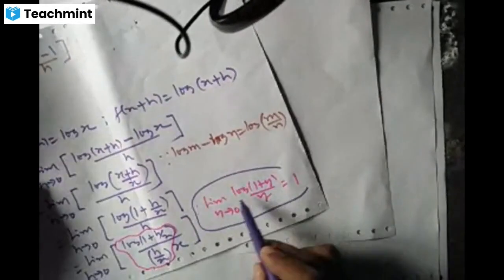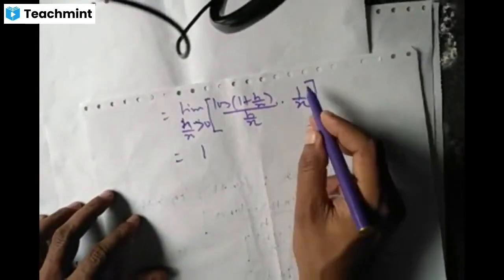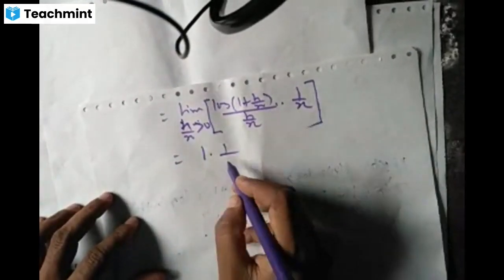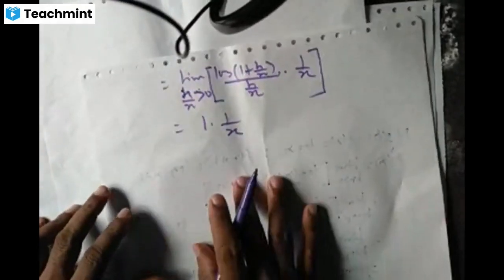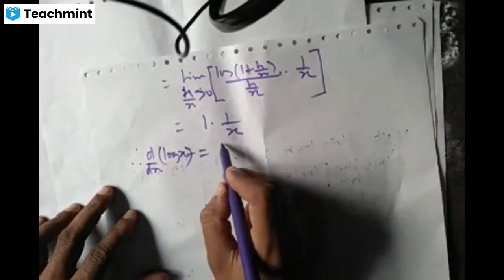So using this standard limit of log of 1 plus h by x by h by x as h by x tends to 0 is 1, into 1 by x, because h tending to 0 doesn't affect 1 by x. So therefore d by dx of log x is equal to 1 by x. So the derivative of log x with respect to x is equal to 1 by x.